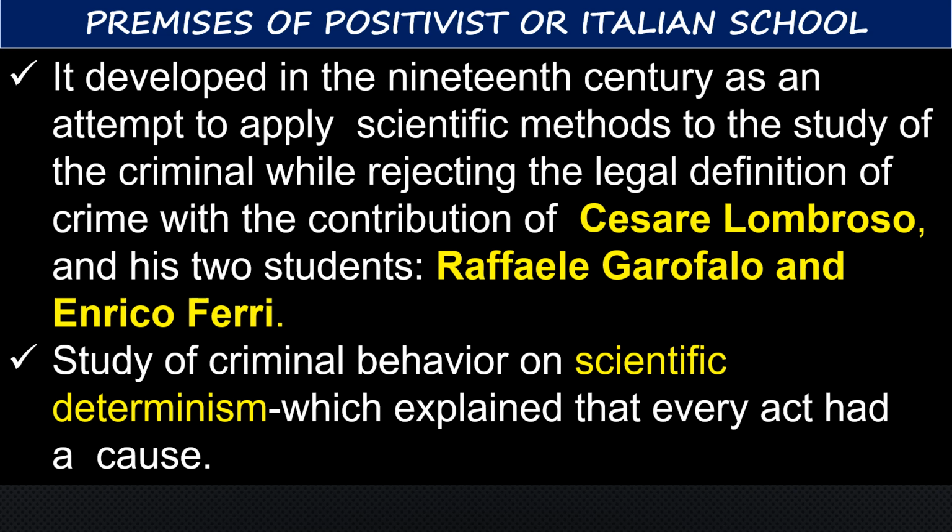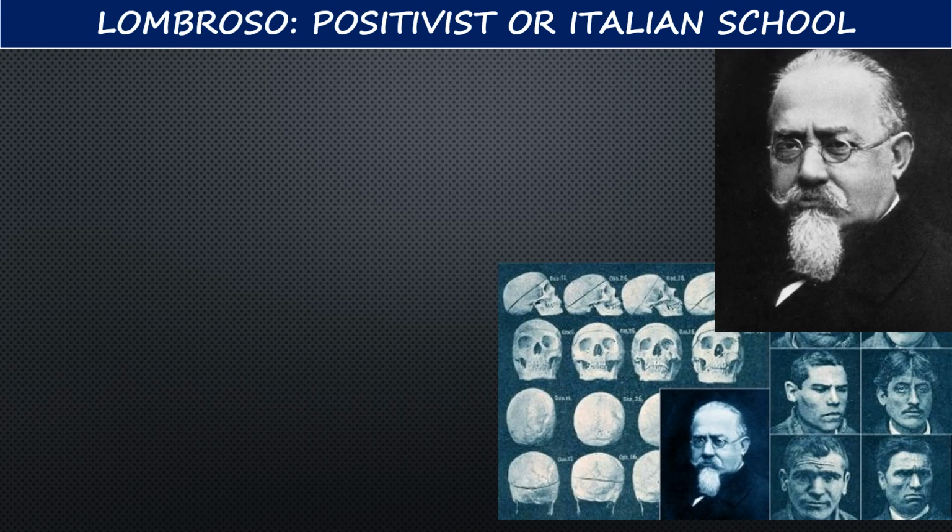Before we conclude, there must be a comprehensive study of the subject matter or of a particular criminal behavior. Okay. So the study of criminal behavior rests on scientific determinism, explaining that the act had a cause, and that should be the basis of the positive school to determine the causes by empirical study.